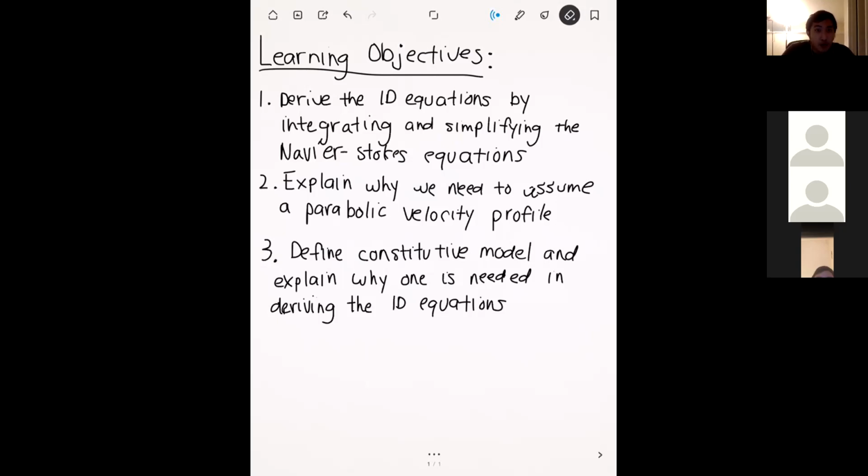In particular, for these 1D equations, what I want you to focus on mainly is the wave propagation phenomena. Unfortunately, a lot of that won't be clear until next week, when we'll really see how we can use these 1D equations to analyze wave propagation phenomena.